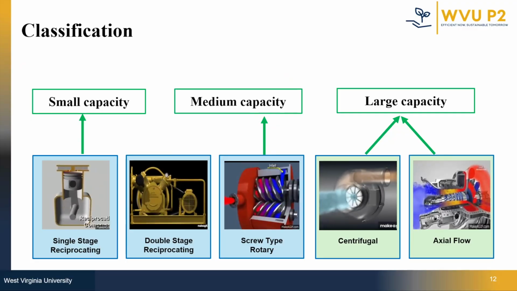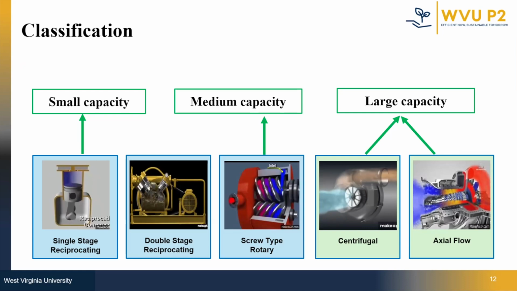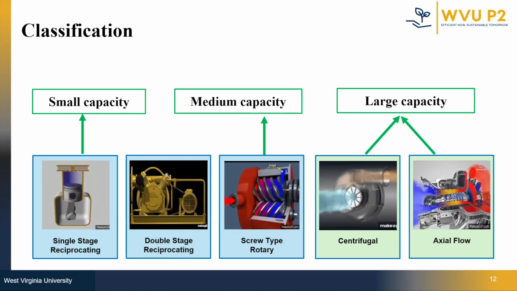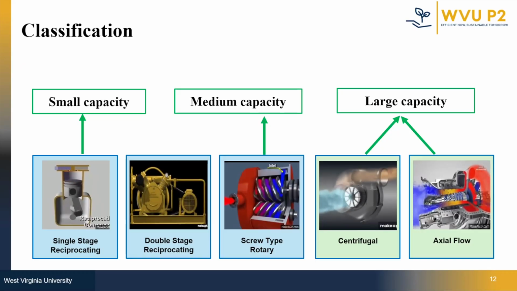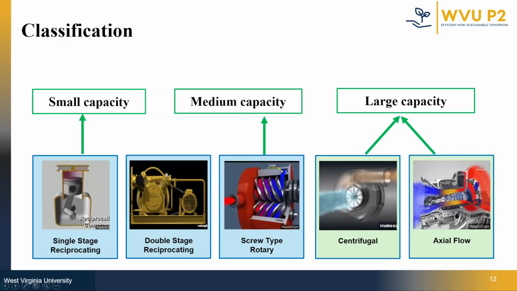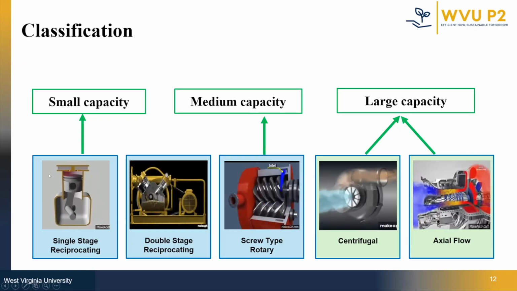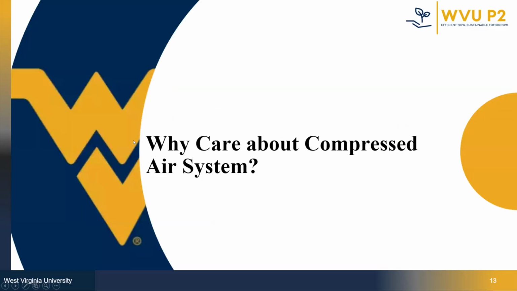It can deliver high pressure and steady airflow without the massive investment of larger system. At the large capacity, industry turn to centrifugal and axial flow compressors. They are built for scale like refineries, chemical plant, and large automotive facilities.